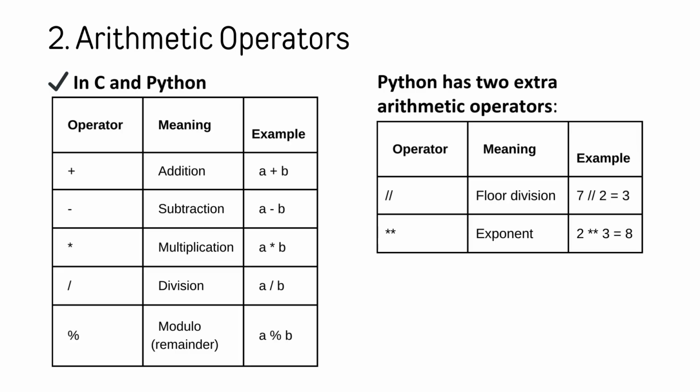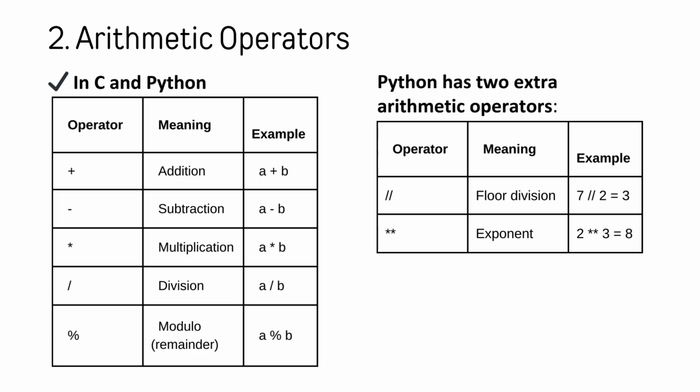In both C and Python, we have the common arithmetic operators like addition, subtraction, multiplication, division, and modulo. However, Python includes two extra and very powerful arithmetic operators. The first one is floor division, represented by double slash. It divides two numbers and returns only the whole number part, removing the decimal portion.